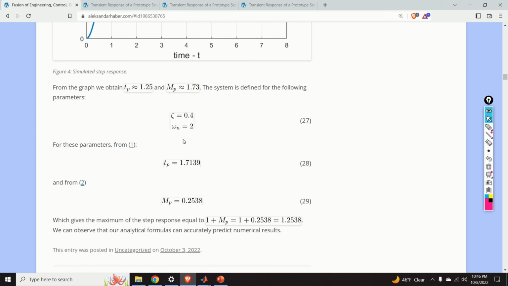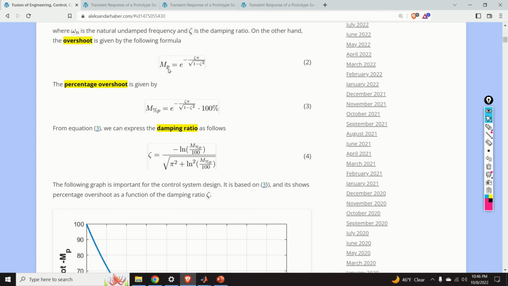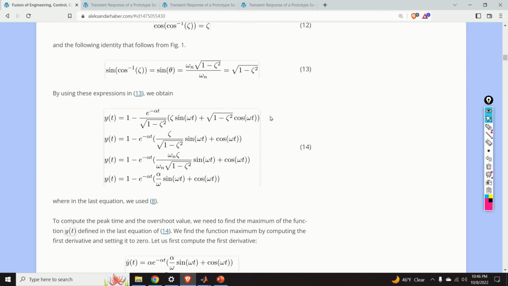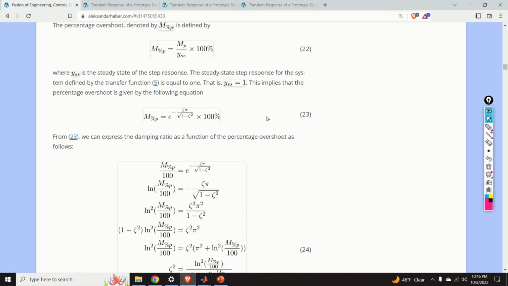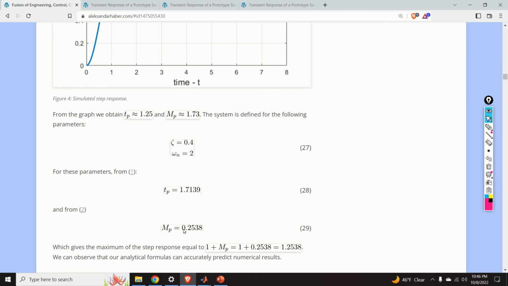Next, we will use the equation number 2 to compute the overshoot. So by using this equation and by substituting the value for zeta, we obtain basically the value of 0.2538.